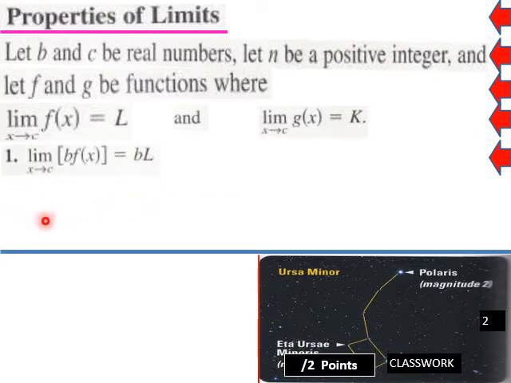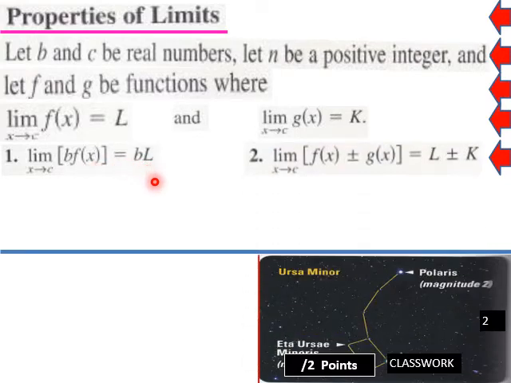And then number 1, the limit as x goes to c of b times f of x would be BL in this situation. And then the limit as x goes to c of f of x plus or minus g of x would equal L plus or minus k.